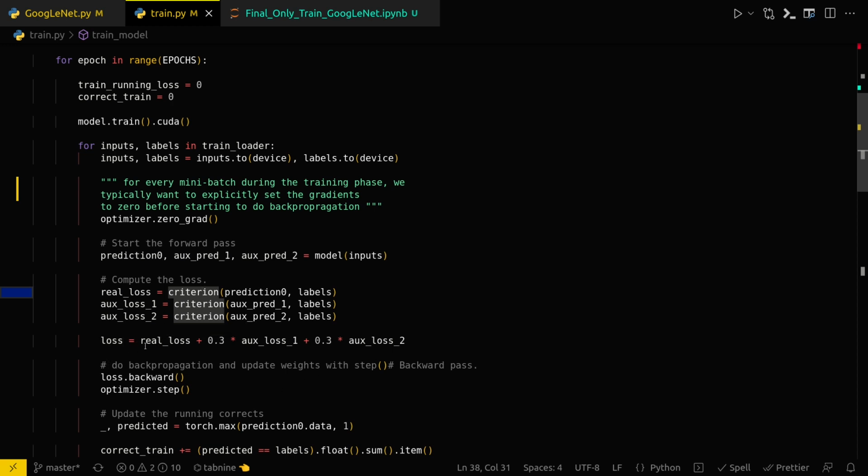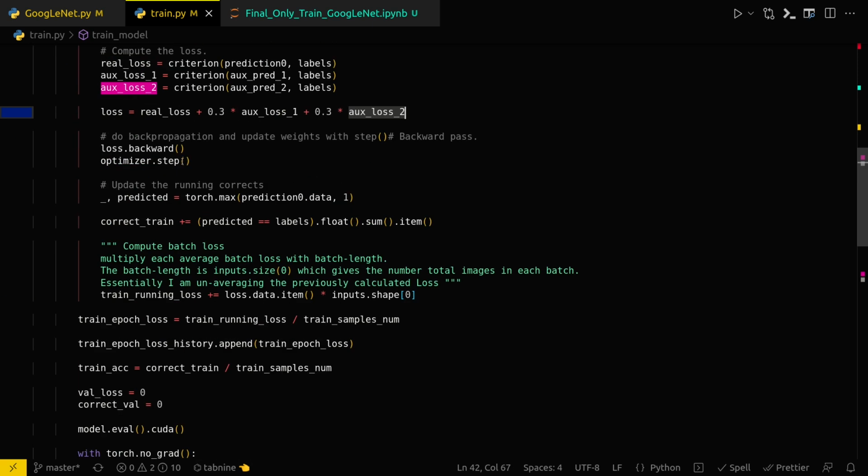So the total loss from the network will be the real loss plus only 30% of auxiliary loss 1 and 30% of auxiliary loss 2. And then I will do backpropagation and also update the weights by invoking the step method of PyTorch. So loss.backward and then optimizer.step.